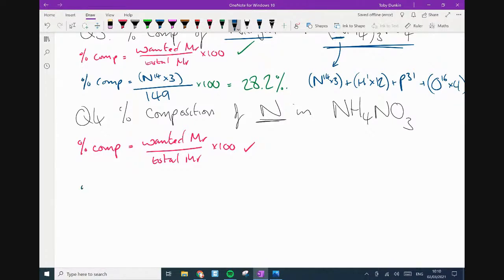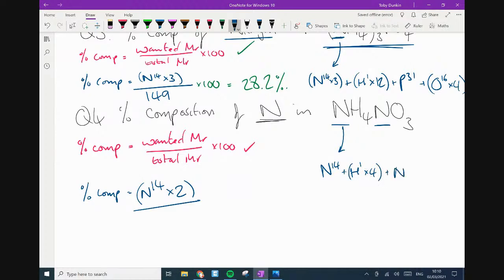So input my data and give me a number. Nitrogen 14 times 2. Even though they're separate, it doesn't make any difference, over the total. So I've got 14 plus 4. Shouldn't do it, it's a bad habit. 1 times 4 plus 14.